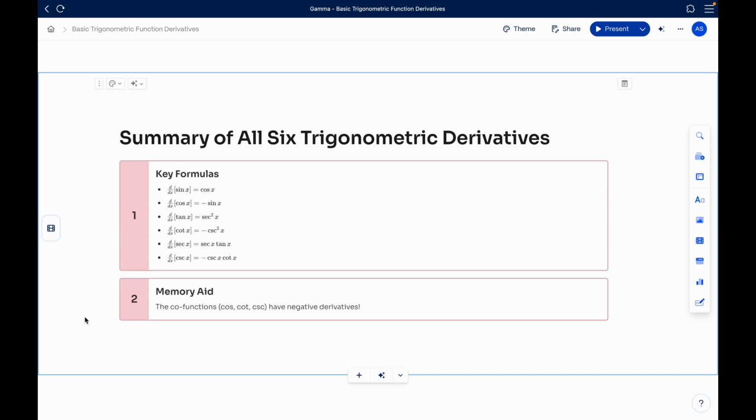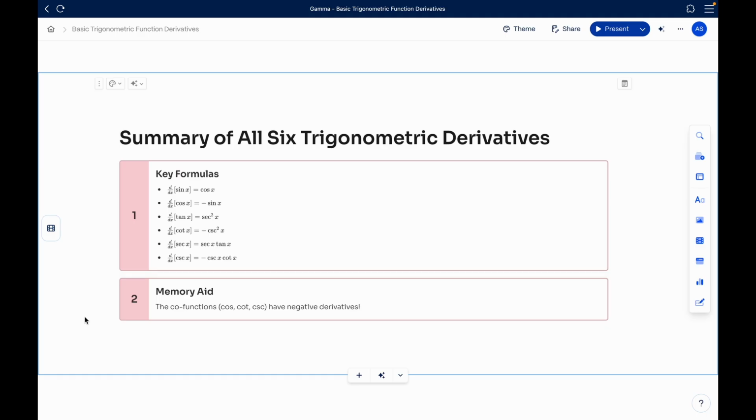Before we go on to solve our examples for the day, let's have a quick summary of all 6 trigonometric derivatives. The key formulas are: d by dx sine of x is equal to cosine of x, d by dx cosine of x is equal to negative sine of x, d by dx tangent of x is equal to secant squared x, d by dx cotangent of x is equal to negative cosecant squared x, d by dx secant of x is equal to secant of x tangent of x, and d by dx cosecant of x is equal to negative cosecant of x cotangent of x.